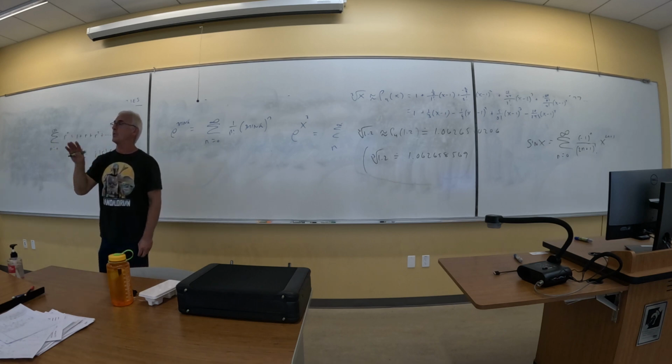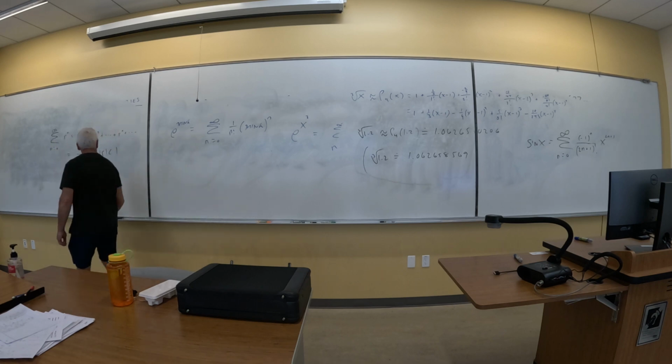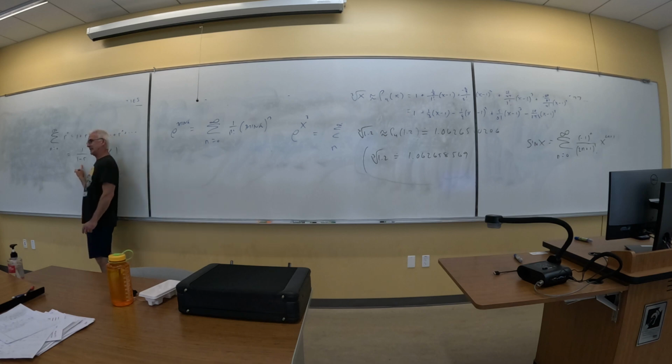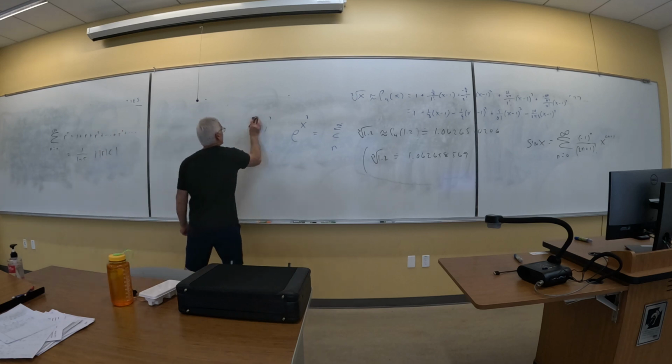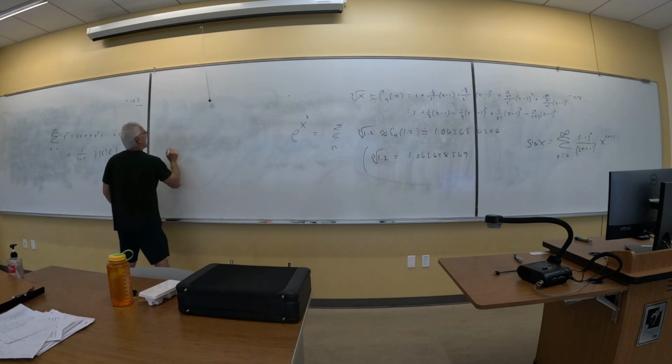But lastly, what we did was we played around with this and said, if I start with something like this, in this form, I can turn around and write it as a power series. And so I want to continue with that today. What if I have something like this?